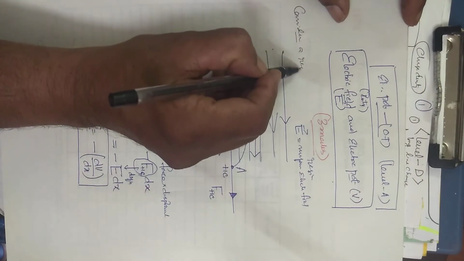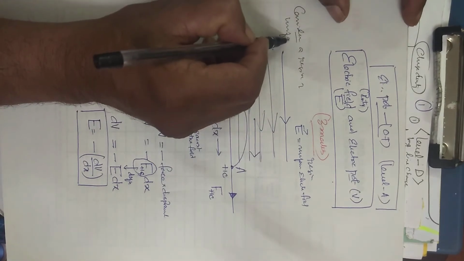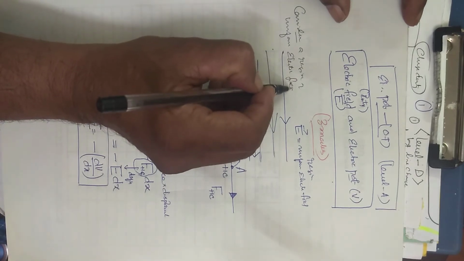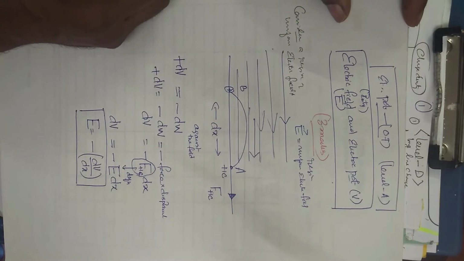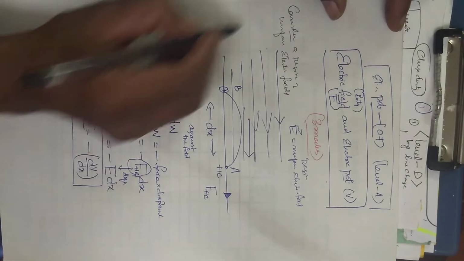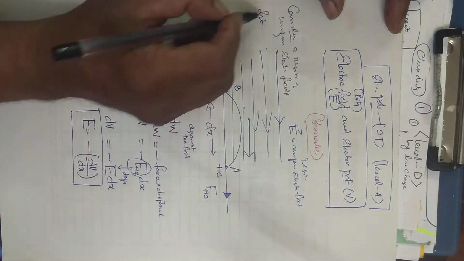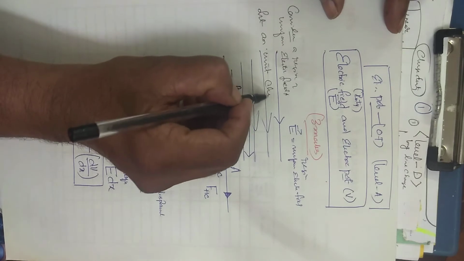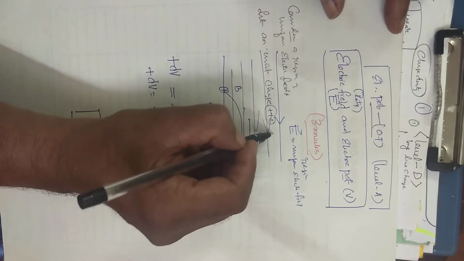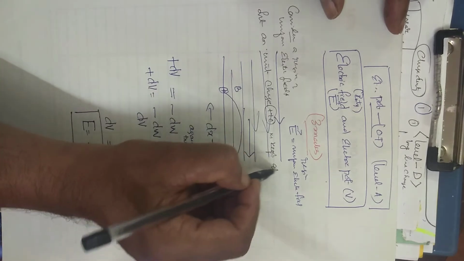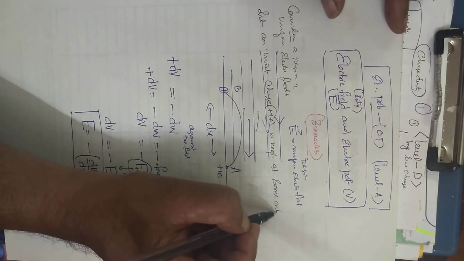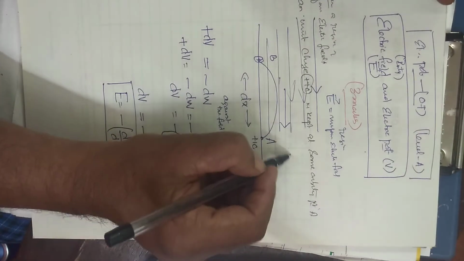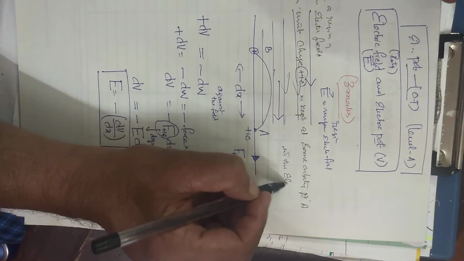Consider a region of uniform electric field. Handwriting also should be proper. Let a unit charge, 1 coulomb, be kept at some arbitrary point A in the electric field.